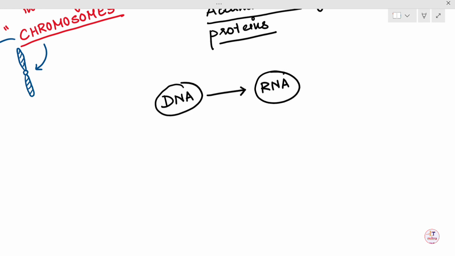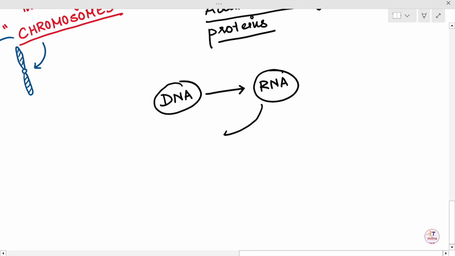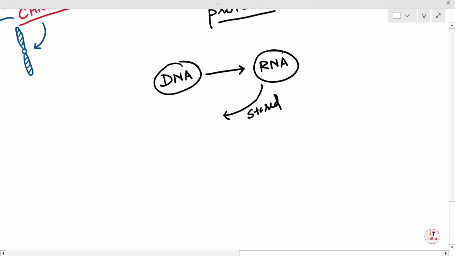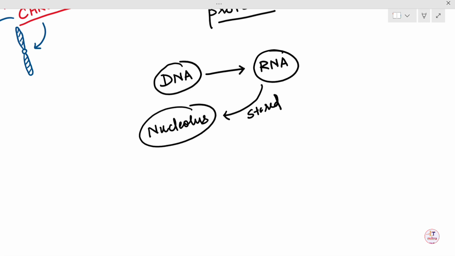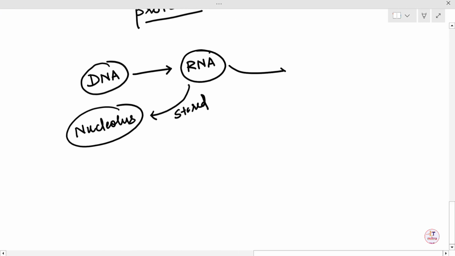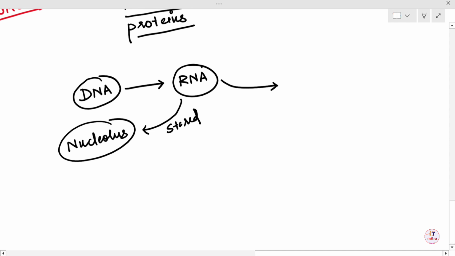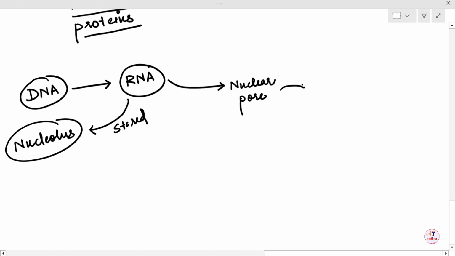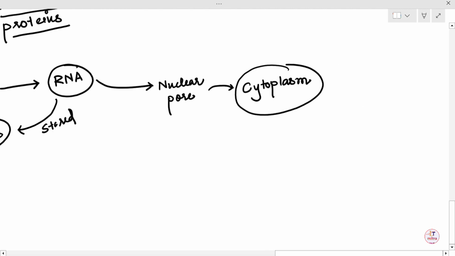This RNA is stored in the nucleolus, and the rest of the RNA moves out through the nuclear pore into the cytoplasm. Proteins are present. Cytoplasmic protein.